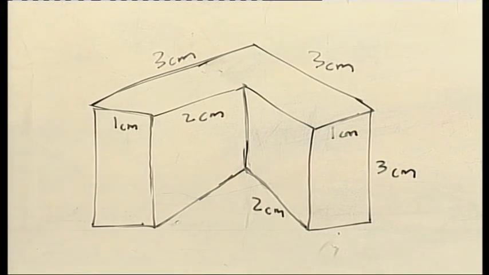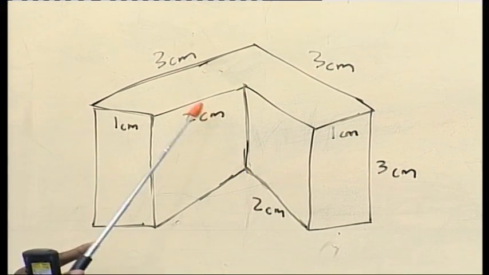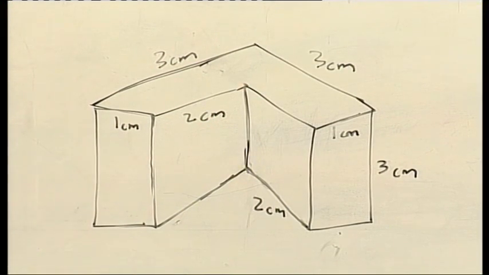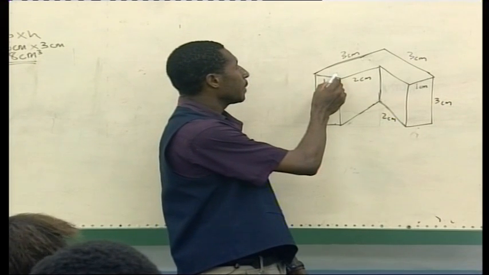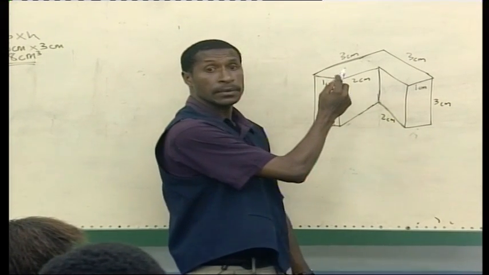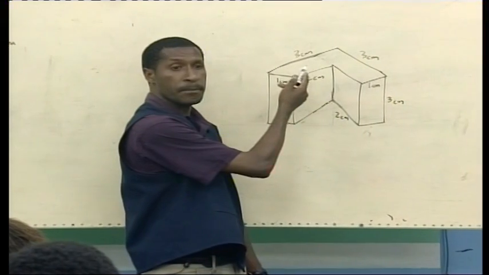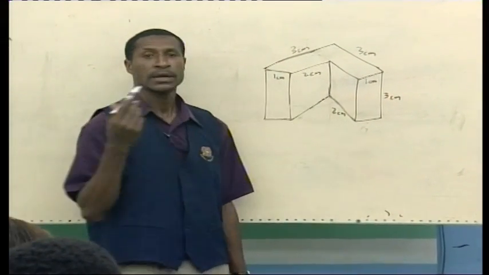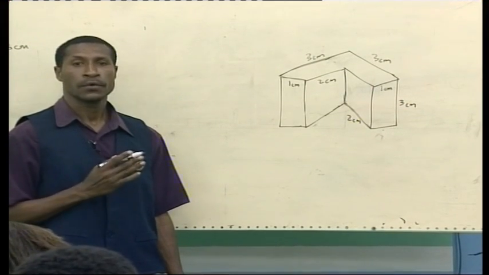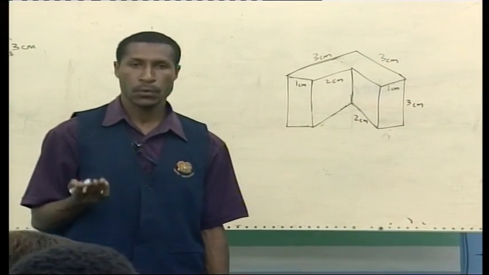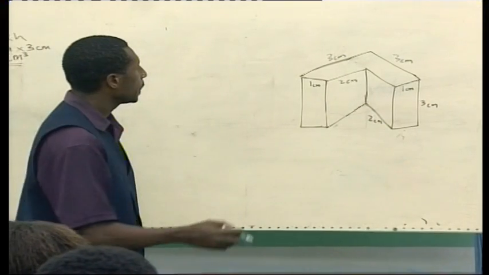One way is by finding the area of the base first and then multiply it with the height. That is the normal rule of finding the volume of a prism.